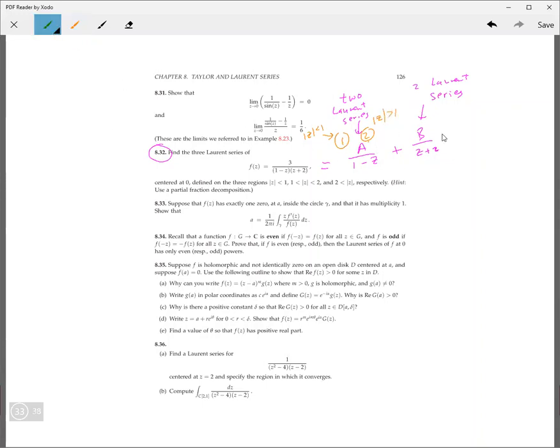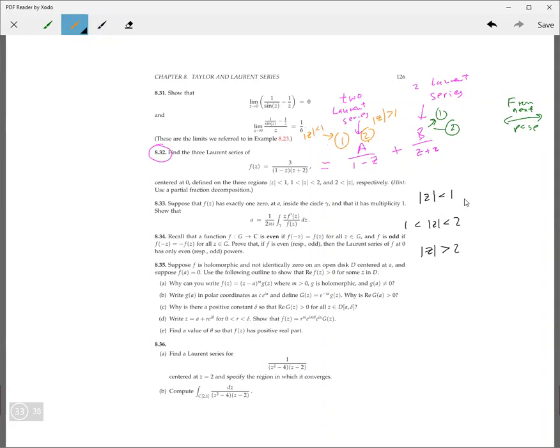And from the next page, this one also has a 1 and a 2. So there are 3 regions: modulus of z less than 1, modulus of z between 1 and 2, and modulus of z greater than 2.